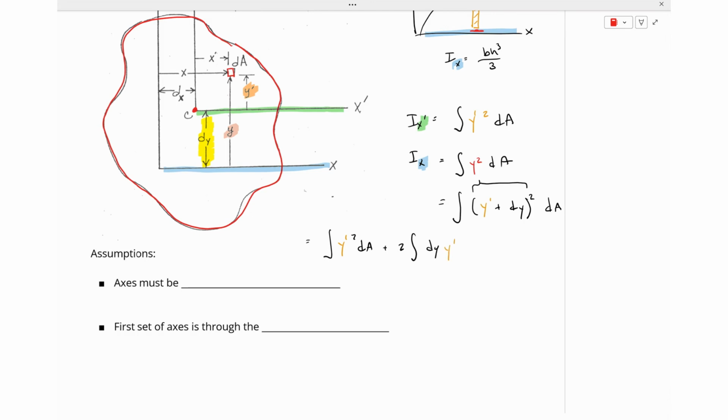Again, the dy is representing how far did we come away from one axis to another, plus here we have the integral of now the dy, just to be really clear, that's the distance squared times dA.